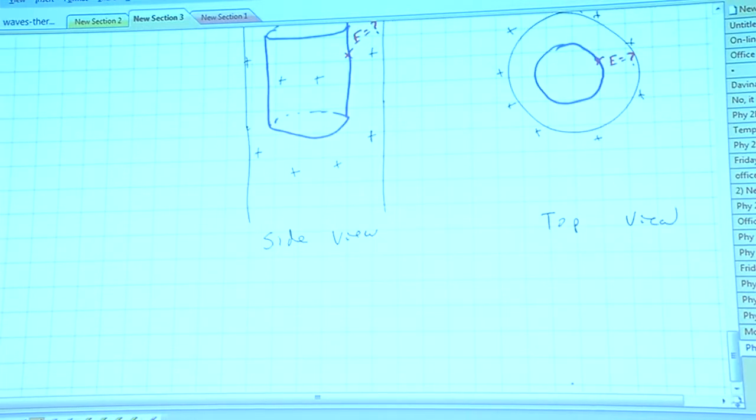So what do we get? We get EA cos theta over the top of our Gaussian surface. We have to look at every side. EA cos theta over the sides.